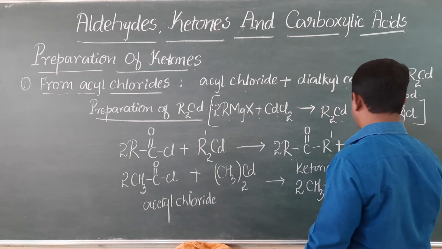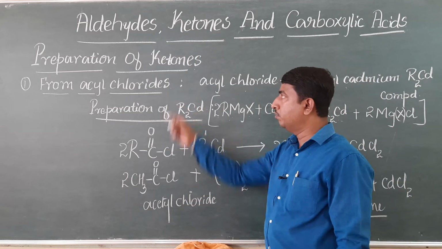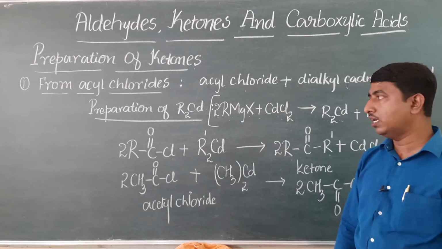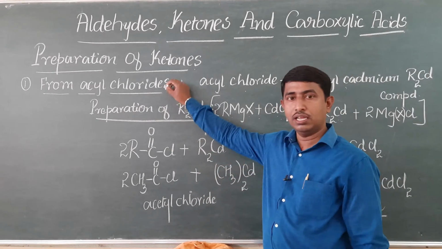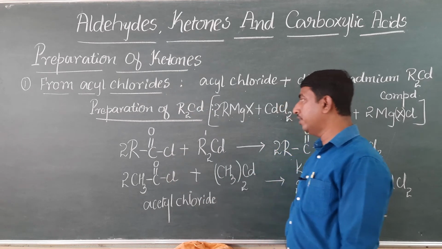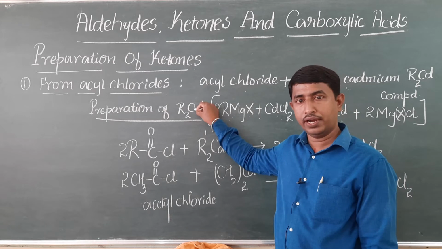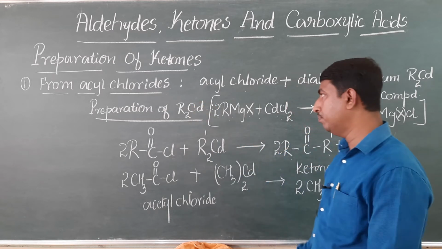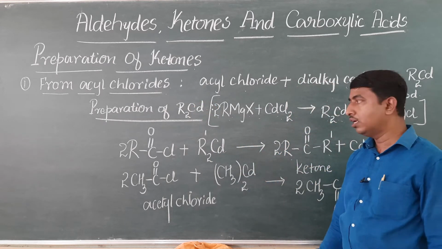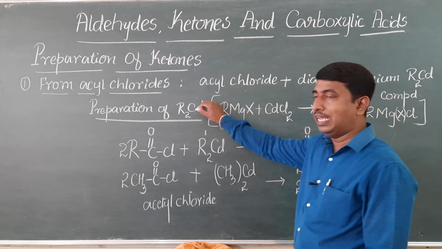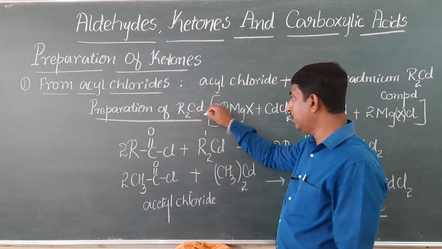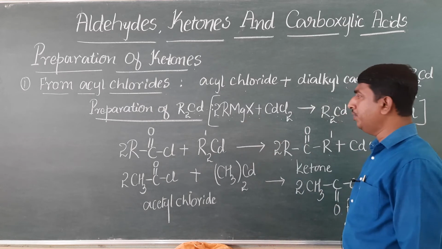No need to write this equation. So, preparation of ketones using acyl chloride: in this method, acyl chlorides are treated with dialkyl cadmium compound. Treatment of acyl chloride with dialkyl cadmium produces ketone, symmetrical or unsymmetrical. How is dialkyl cadmium obtained?